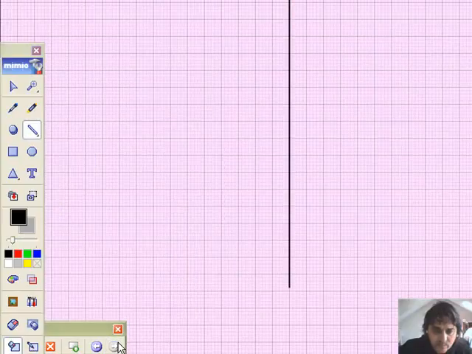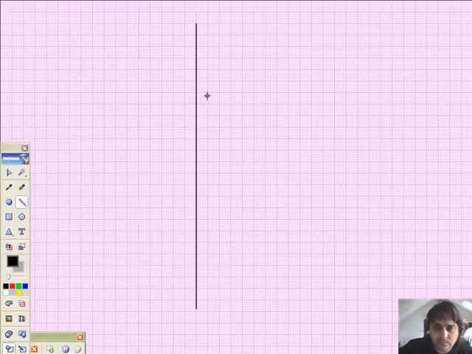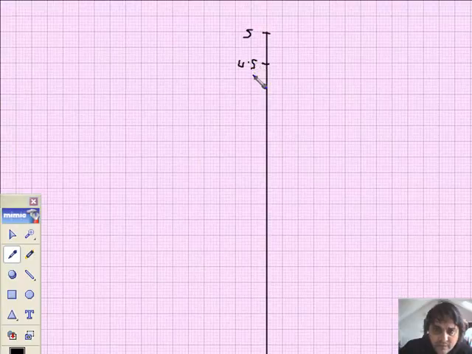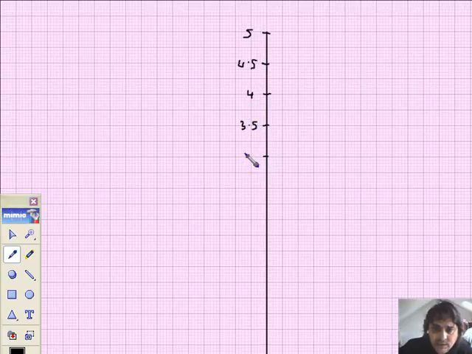Okay. So I'm going to call that 5. 4.5. 4. See what I'm doing? I'm coming back down here in order to get just the right size and not overshoot anything.